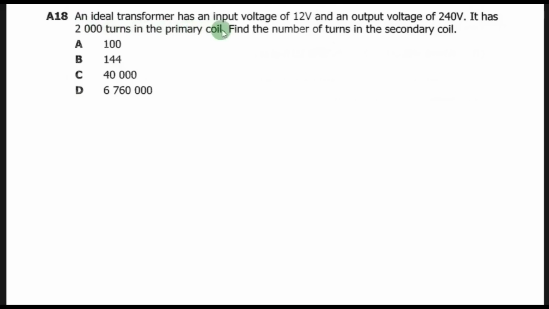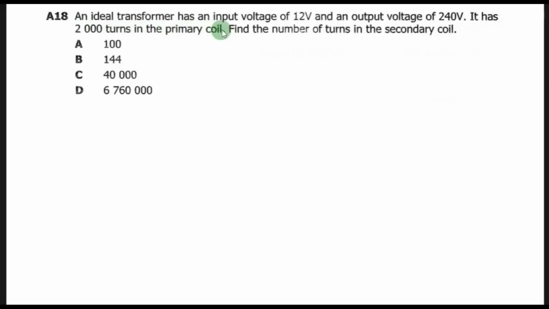What we are going to use here is the transformer equation. The transformer equation states that voltage in the primary coil divided by voltage in the secondary coil is equal to number of turns in the primary coil divided by number of turns in the secondary coil.